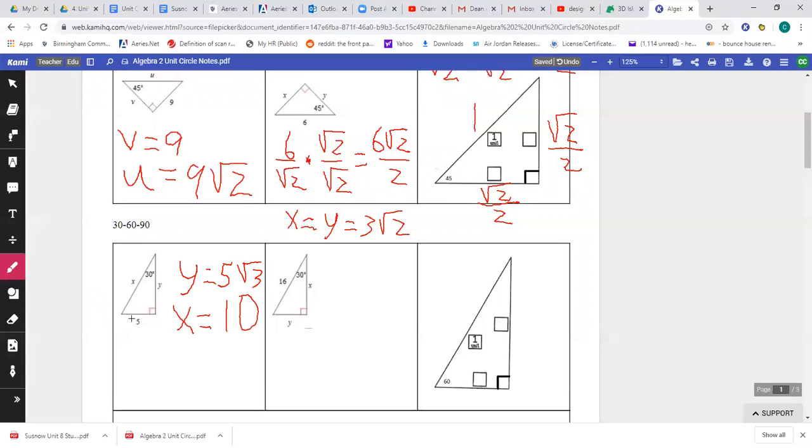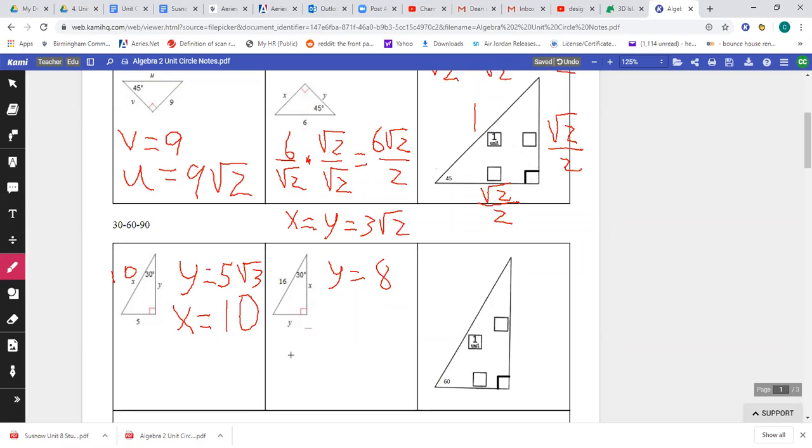But now let's look at if they give you the hypotenuse instead. So remember the relationship here, that the leg is half the hypotenuse. So here, if 16 is the hypotenuse, the leg, the y, the short leg, is simply 8, right?